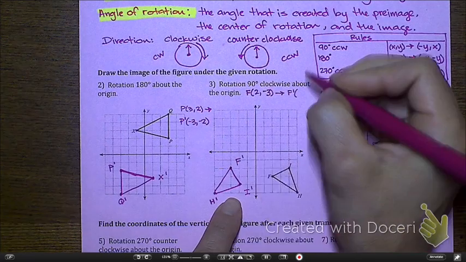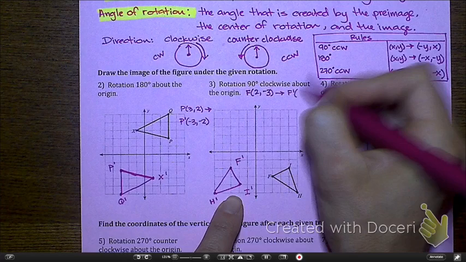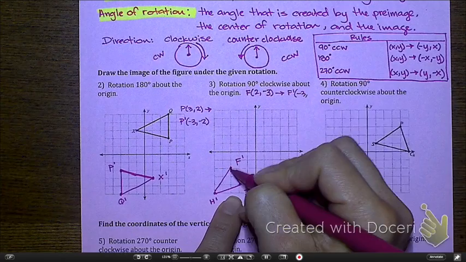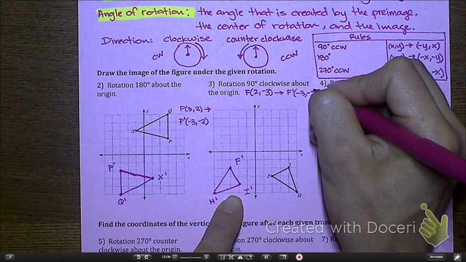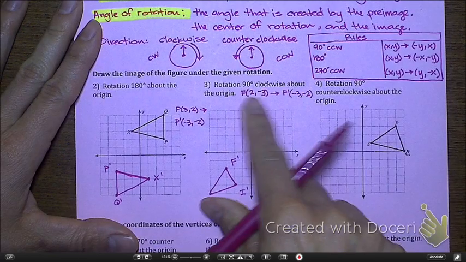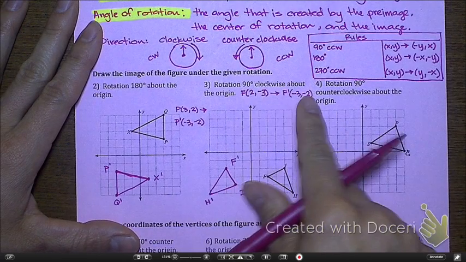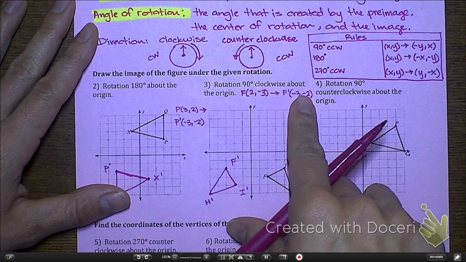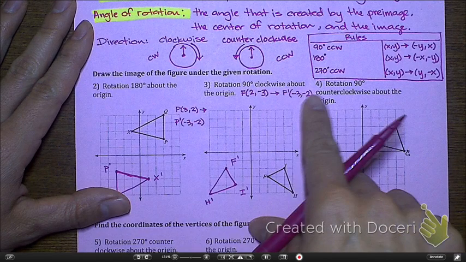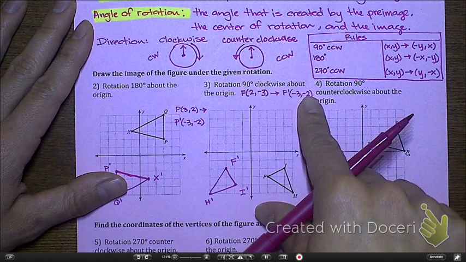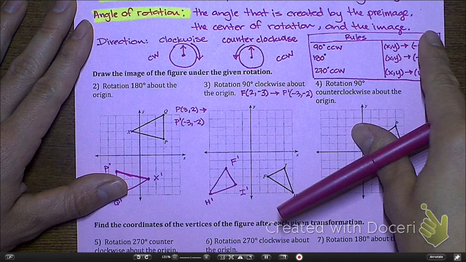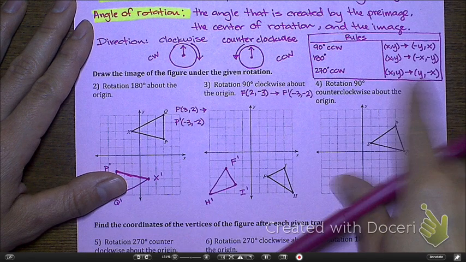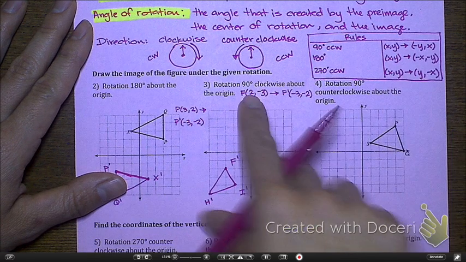Left 3, so negative 3, negative 2. Okay? So what happened with these two numbers? Did they switch places? And then the 2 became what sign? Negative. Which one of these rules does that happen in? Where the coordinates switch places, but the first number is now negative.